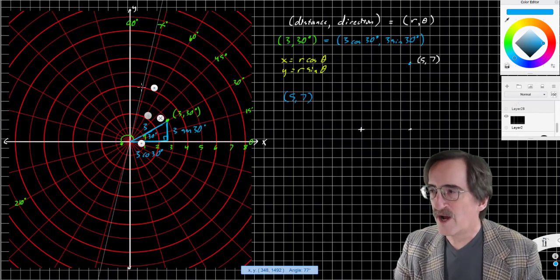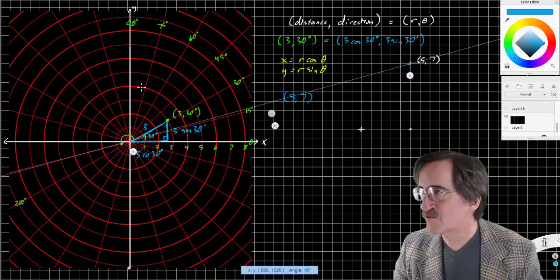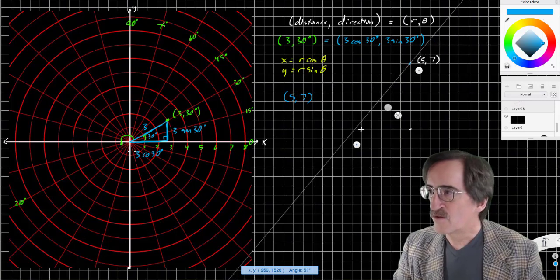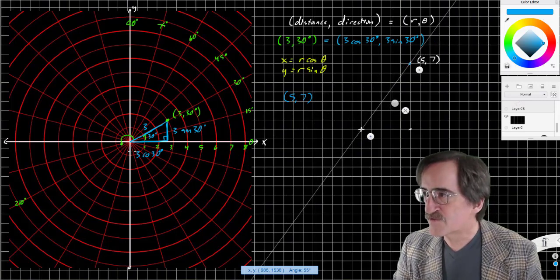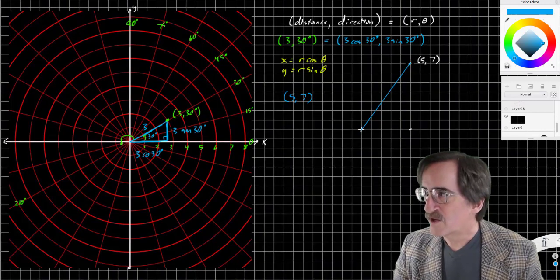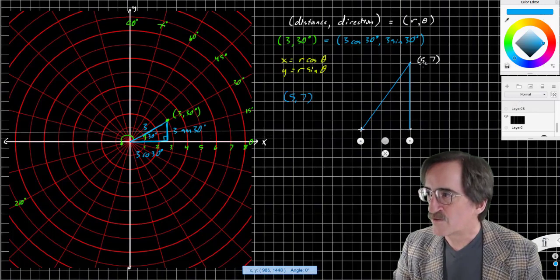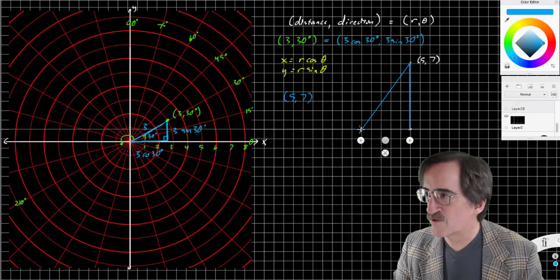And what we're after in this case is we need the radius, we need the distance from the pole, from the origin, 0, 0, and we need the angle. Okay? So we need the radius and the angle. Now the radius is really fairly straightforward to find.